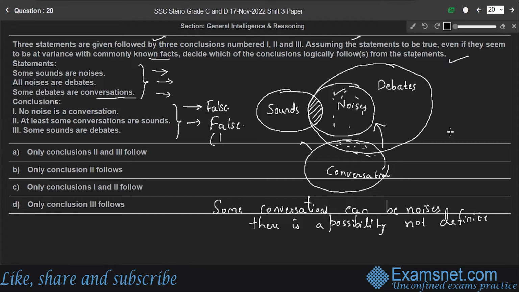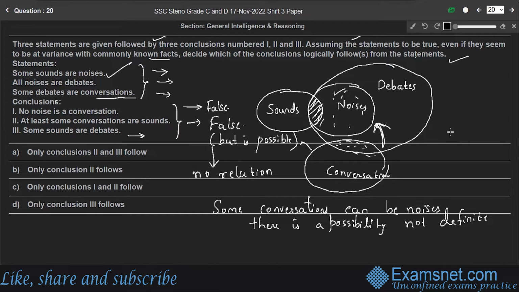But it is possible, if set of conversations is part of noises, right? Some sounds are noises, which is already given in the statement 1. If set of conversations is part of noises, then it is possible. But there is no relation between sounds and conversations according to the statements. Therefore, we have to take it as false conclusion.